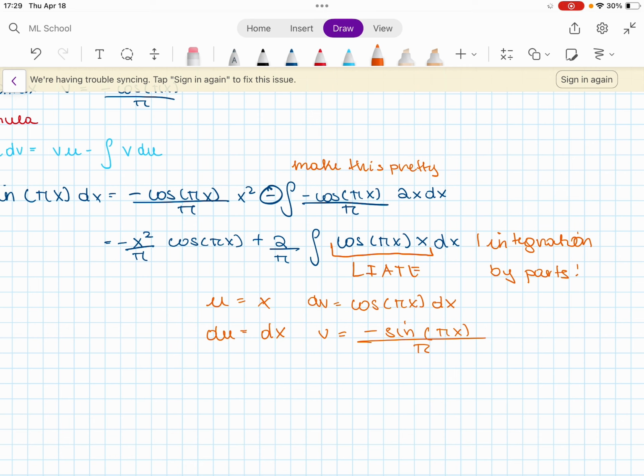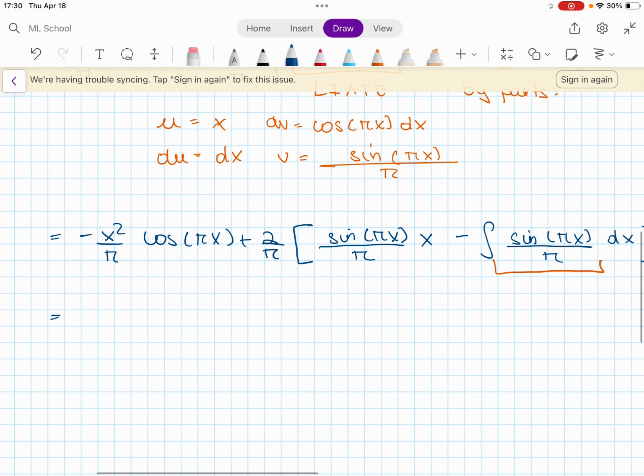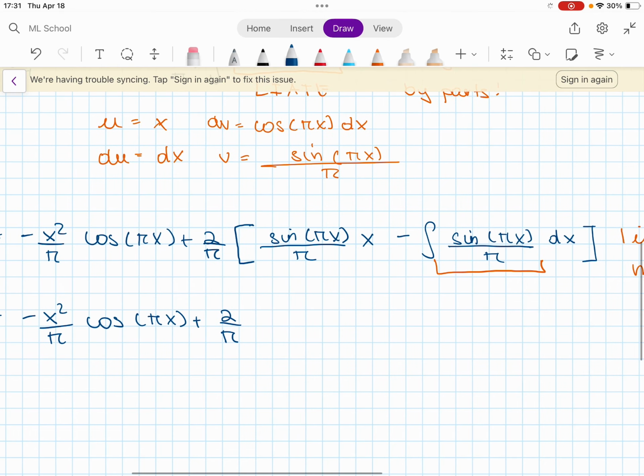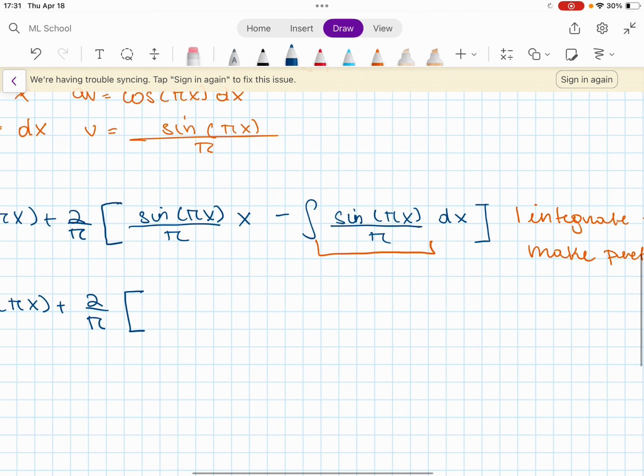So we can integrate, plus make pretty. Okay, so this will be minus x squared divided by pi cosine of pi times x plus 2 over pi, and then we can actually calculate this, but I'll just make this pretty first.